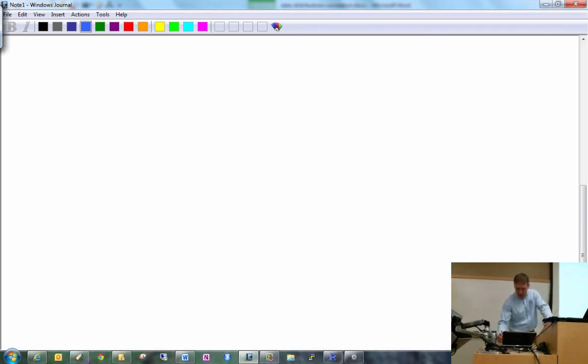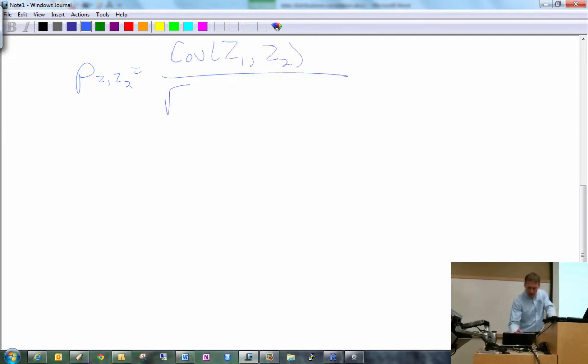this perspective. Let's say I want to look at the correlation between Z1 and Z2. Remember, that's the covariance of z1 and z2 divided by the square root of the variance of z1 times the square root of the variance of z2.